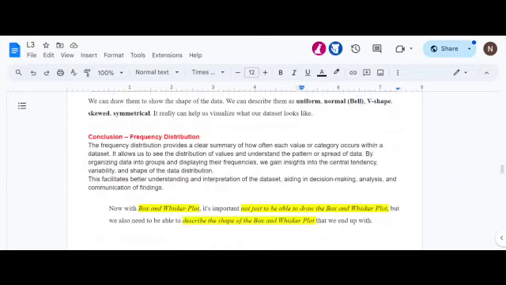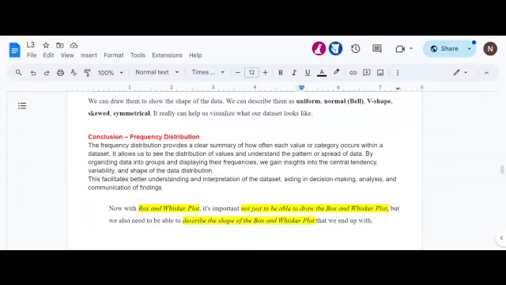So conclusion, frequency distribution. The frequency distribution provides a clear summary of how often each value or category occurs within a data set. It allows us to see the distribution of values and understand the pattern of spread of data by organizing data into groups and displaying the frequencies.